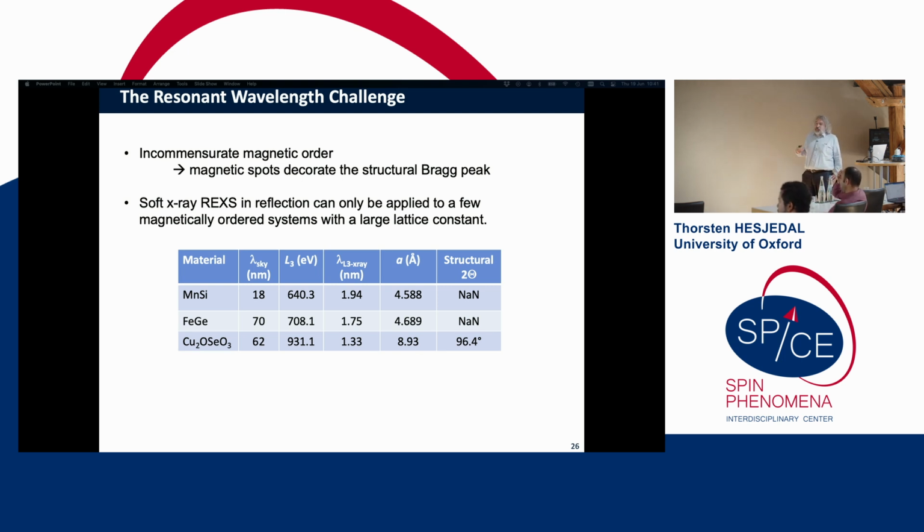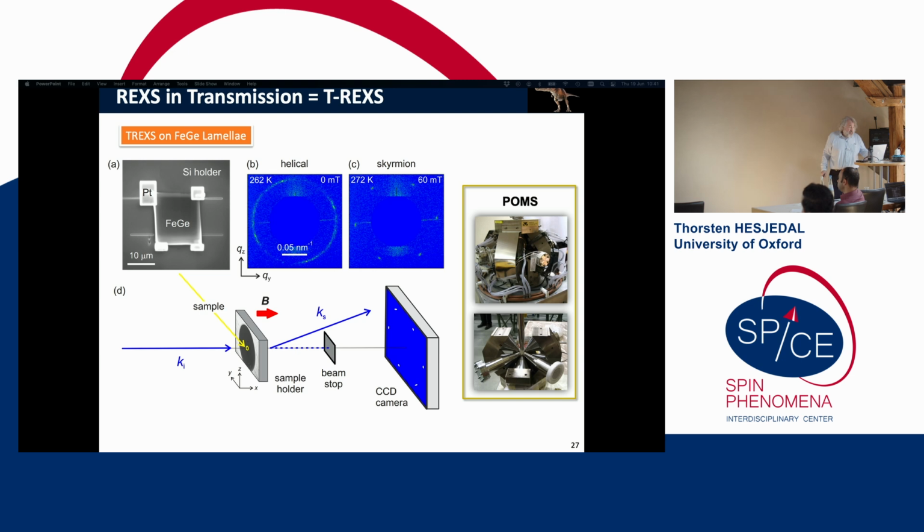So therefore, we can reach a Bragg peak, a structural Bragg peak, and the incommensurate magnetic order is decorating itself as magnetic satellites around the structural peak. Whereas other famous materials, like it all started with manganese silicide and Christian Pfleiderer's work with SANS, with small angle neutron scattering, that is inaccessible for us, okay? And so is iron germanium. Doesn't mean it doesn't work, but you have to bear that in mind for reflection measurements.